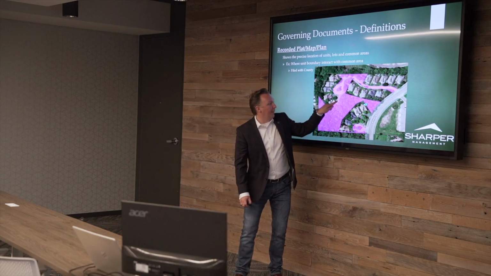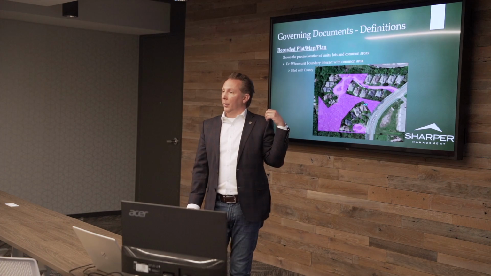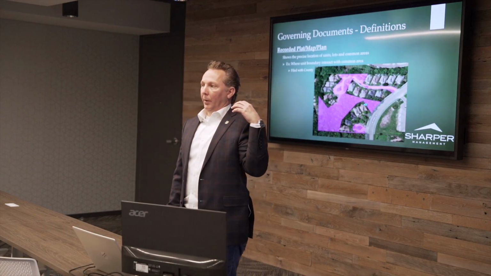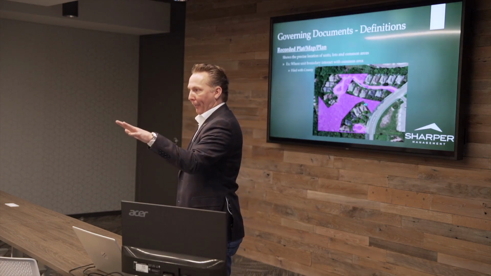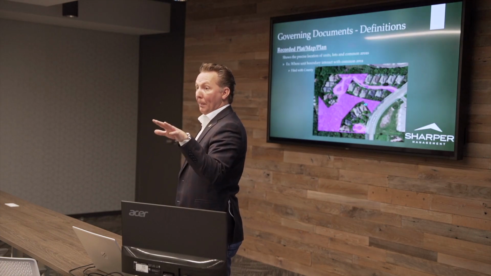Does it fall on the border? Does it fall in the common? Does it fall on their lot? Right? So that plotted map, that first document of your 6 documents, is a very, very powerful document because it outlines who owns what.